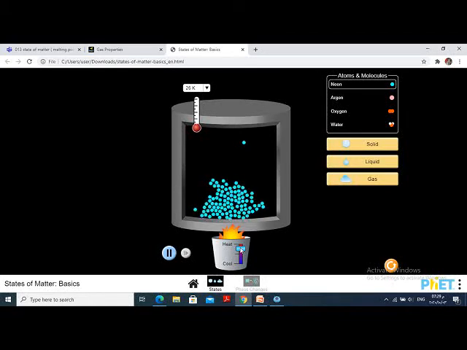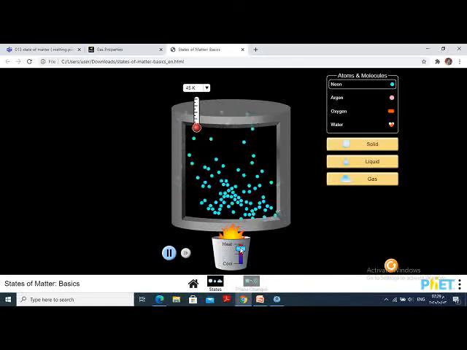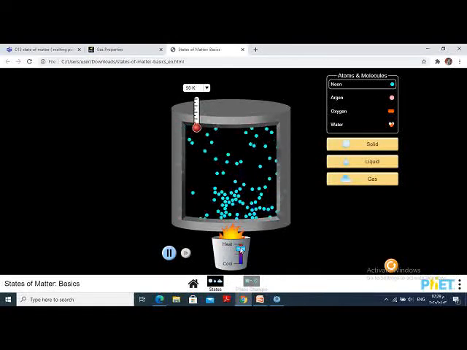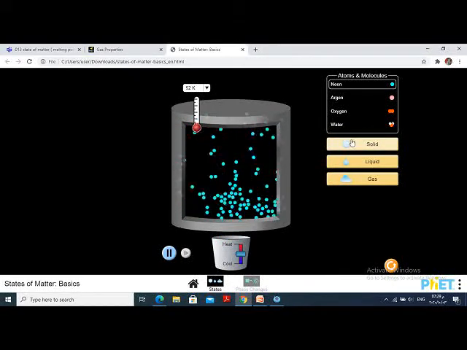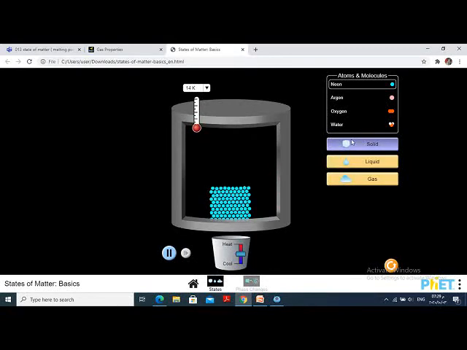Look at the particles here: they have free motion inside the container, but in the solid they are close to each other and cannot move. In the liquid there is more space, so it's not really free, but the particles have a good motion between each other.